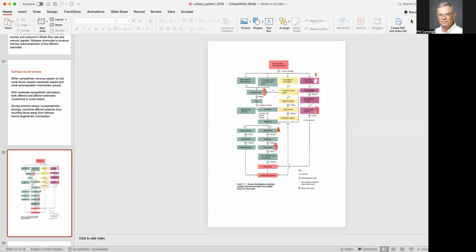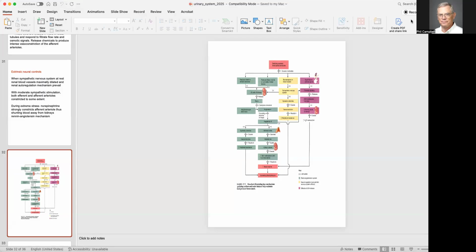Renin then leaves the kidney and goes into the systemic circulation, where it will regulate the activation of angiotensinogen. That is made in the liver, and it will activate to angiotensin 1. Angiotensin 1 goes to the lungs where it becomes angiotensin 2.